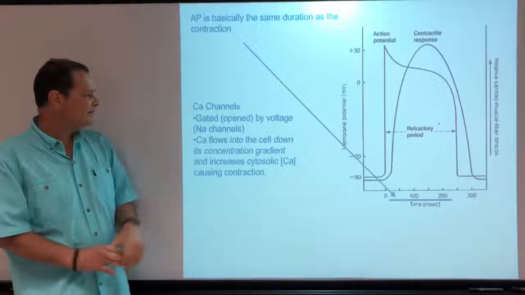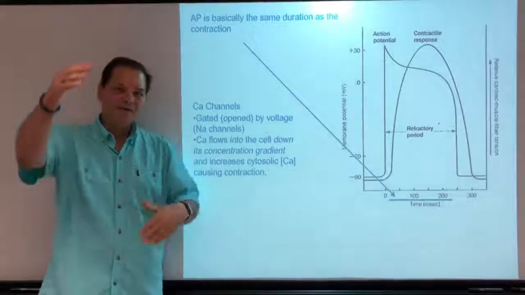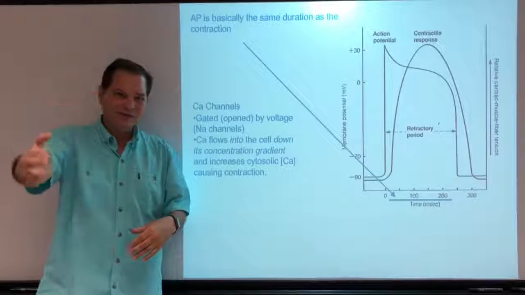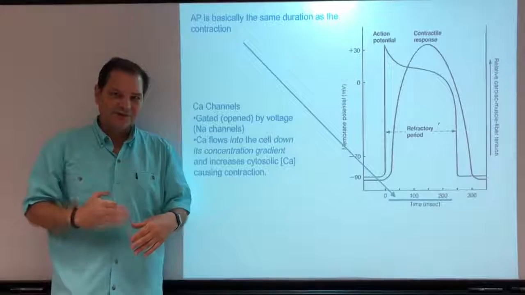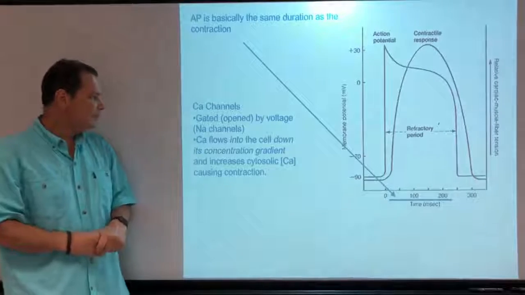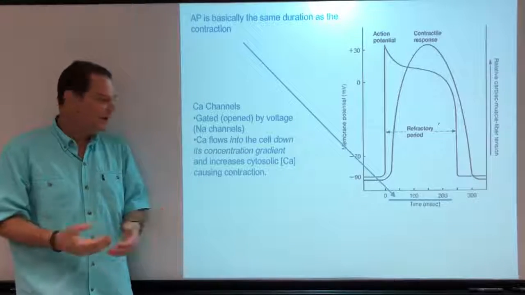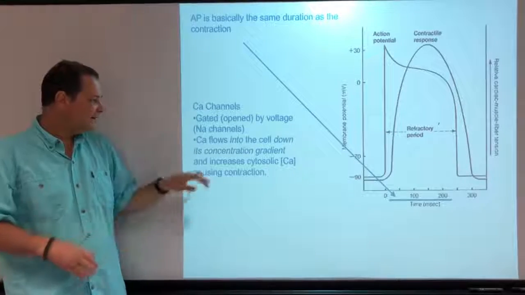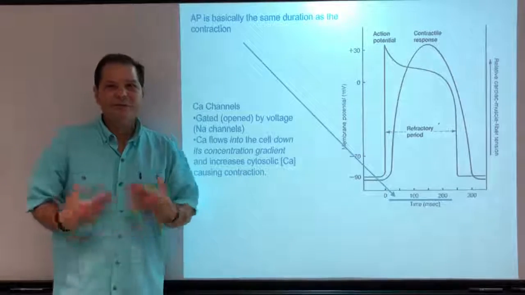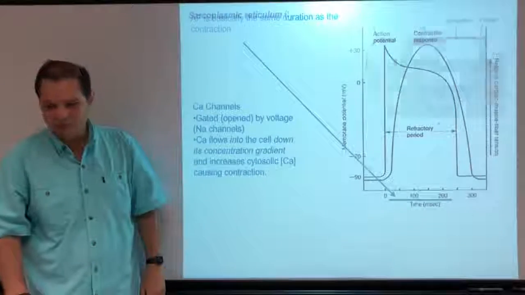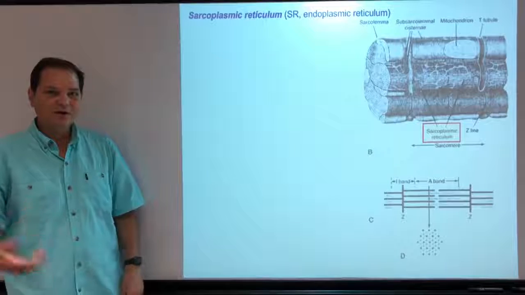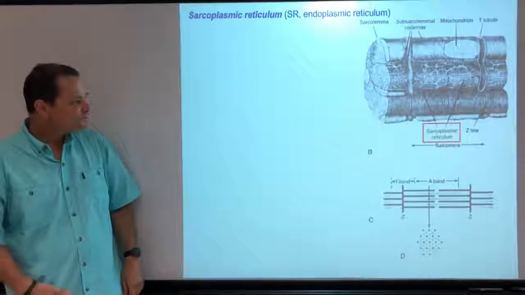Okay, and that allows calcium to flow from high concentration to low concentration, from outside the cell to inside the cell, into the cytosol, through the open channel. Okay, and that causes a rise in cytosolic calcium, and that is what causes your contractile response. It causes your cardiac muscle to contract.